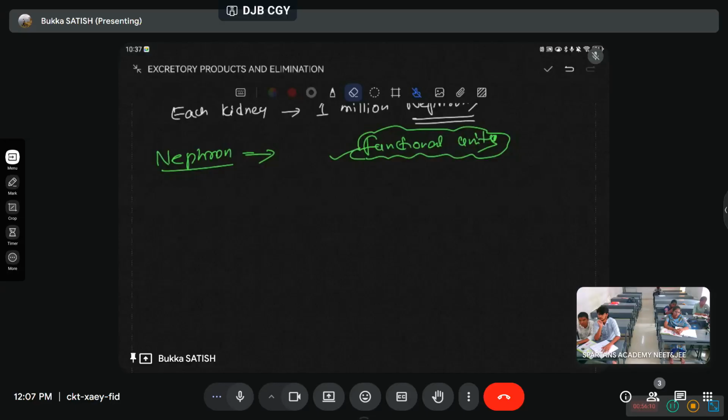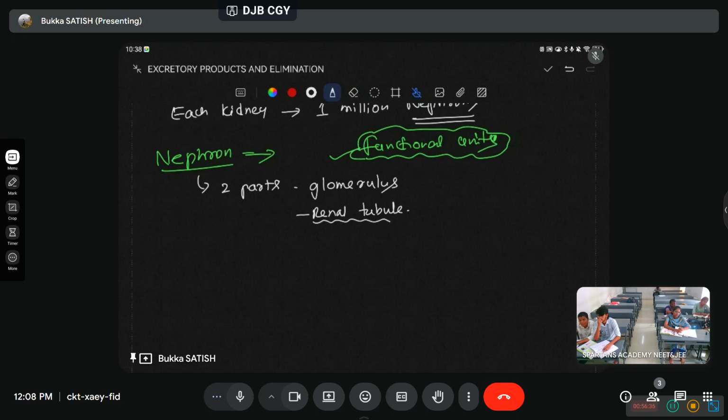There are two different parts in each nephron. One is glomerulus. The other one is renal tubule.